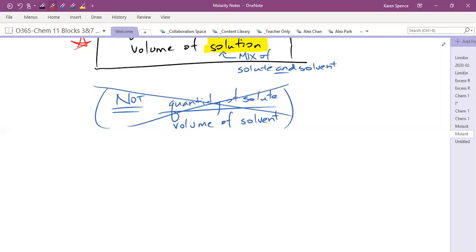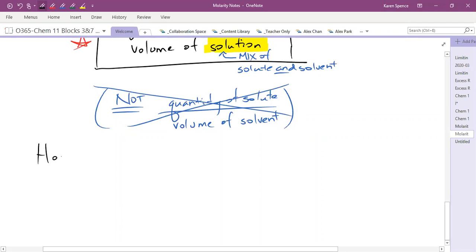Miss Pence, sorry, I have a question. Everything that is not a homogeneous mixture is not a solution? That's correct. The words homogeneous mixture and solution are synonyms for each other. They mean the same thing.